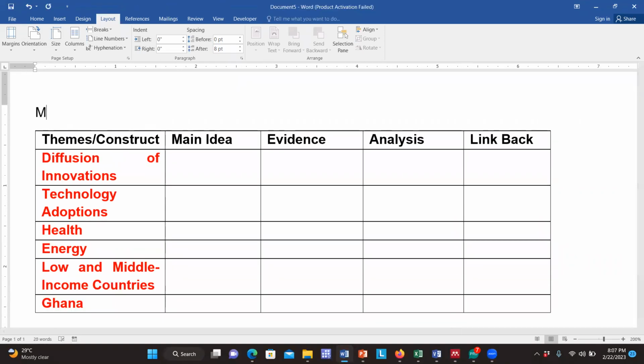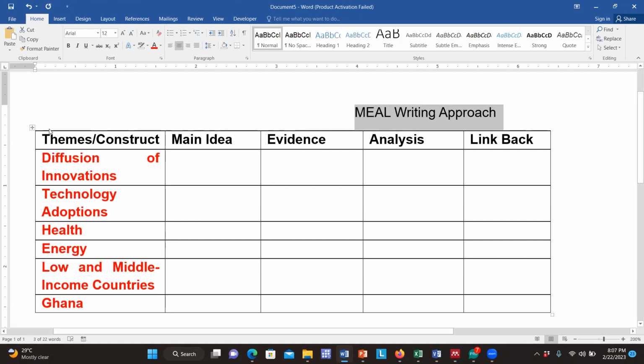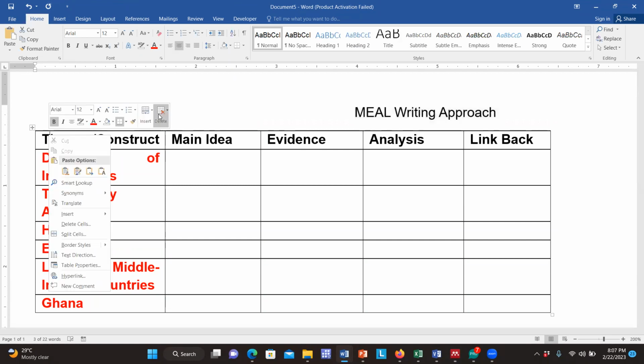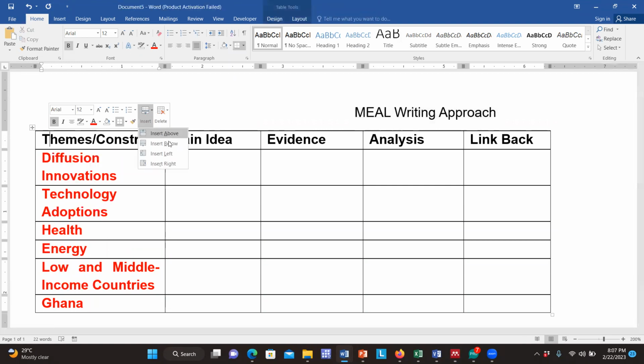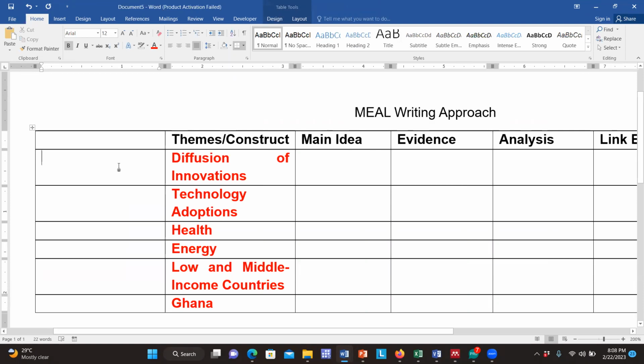So meal writing approach. Meal writing approach. Now see what I'm going to do. I want to insert left.